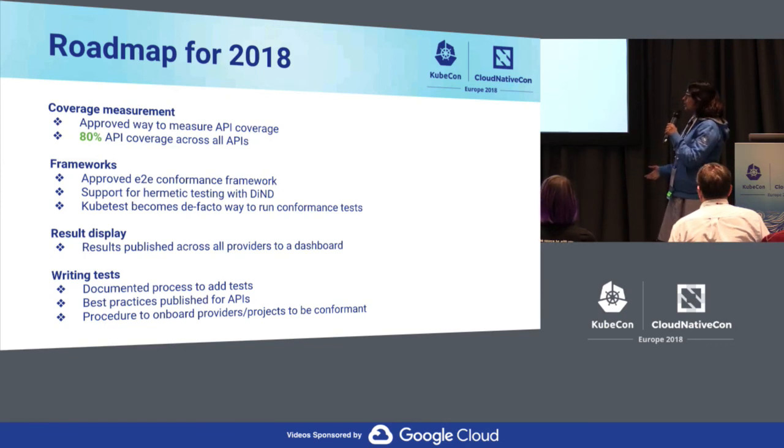And kubetest becomes one of the de facto ways to run conformance tests, not to say that Sonobuoy won't be. And for result displays, results published to all providers via the dashboard and standardizing on that, and a documented process and best practices for writing all these tests and procedures to onboard providers to be conformant. If we achieve all of this by end of year, then we should have a really good story with conformance.